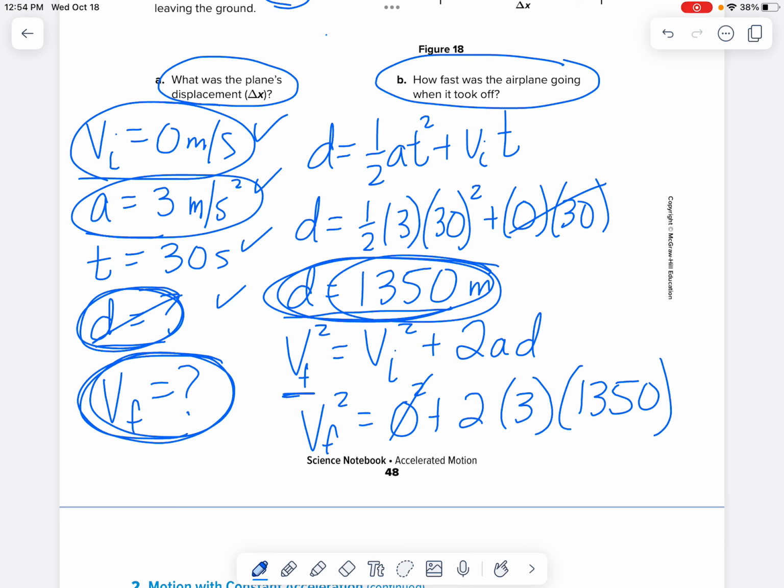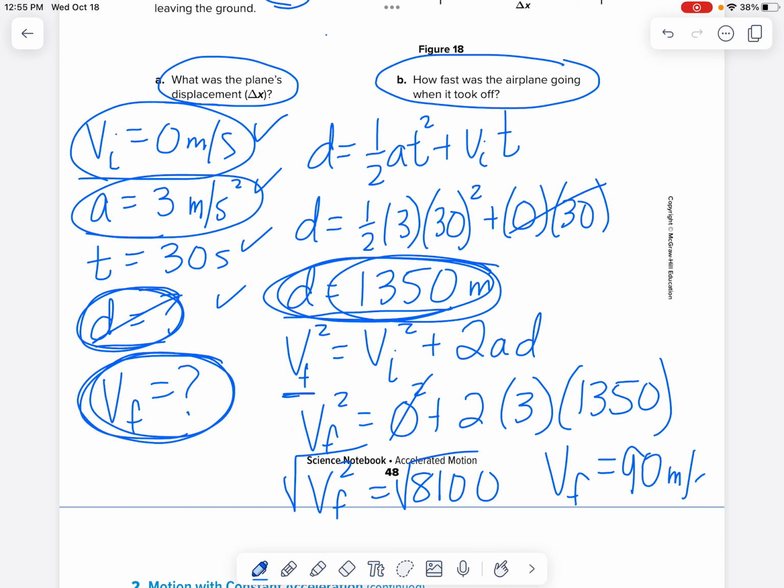So I'm going to take 2 times 3 times 1350. That's going to give me the square of VF. So I think I get 8100. Don't forget now, this is VF squared, so I have to take the square root of both sides. So the final velocity is the square root of 8100, which is 90 meters per second.